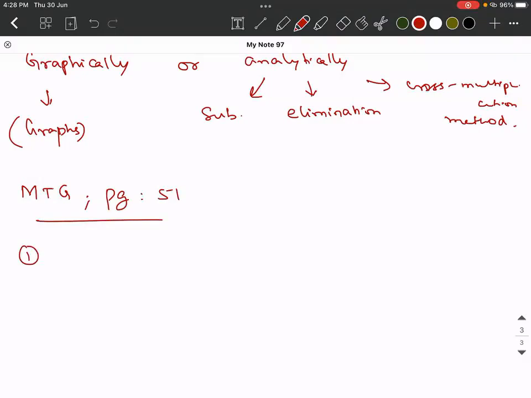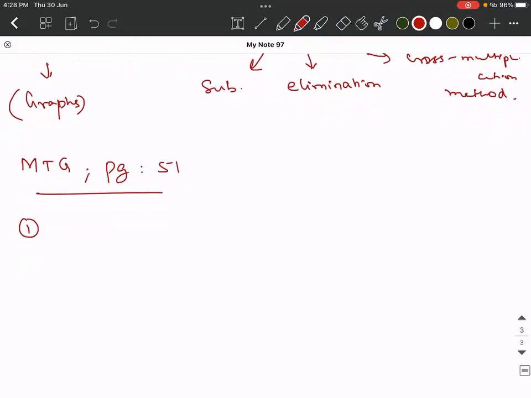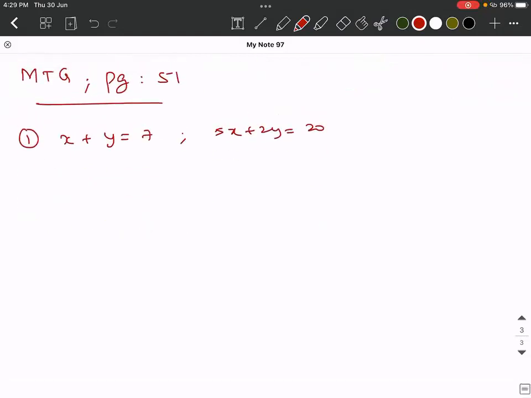Read the question. x plus y is equal to 7.